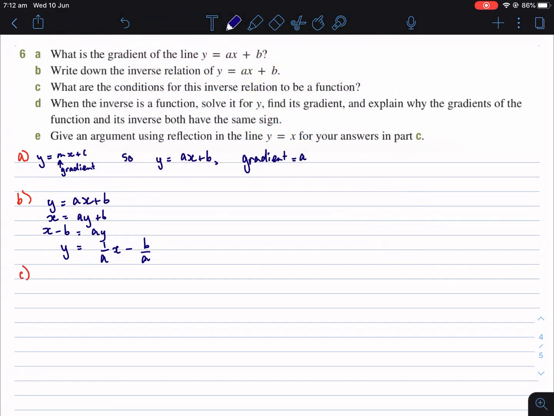For the inverse to be a function, the original must pass the horizontal line test. So for the inverse to pass the vertical line test, the original must pass the horizontal line test.